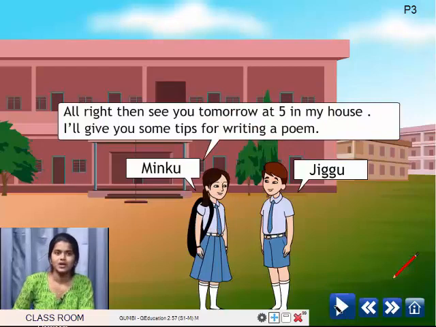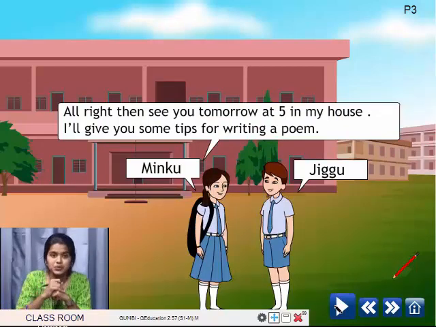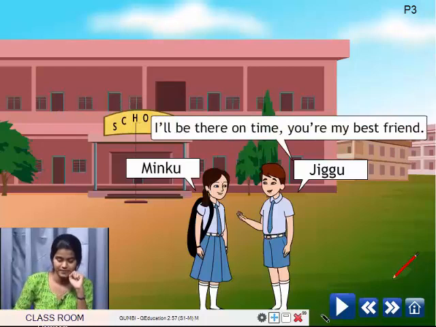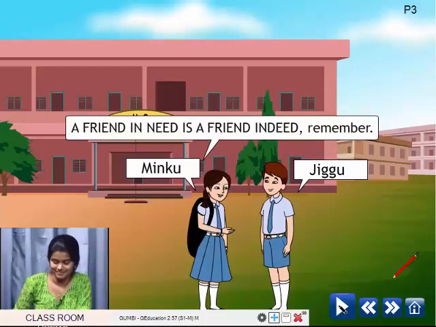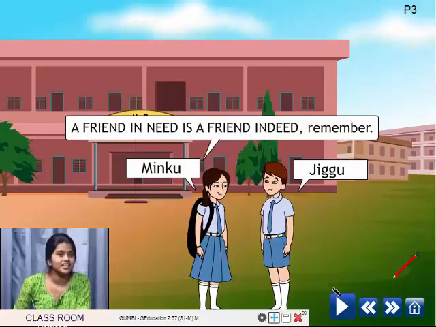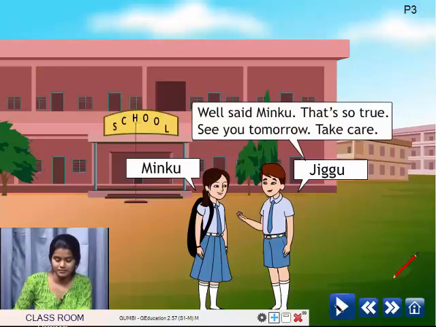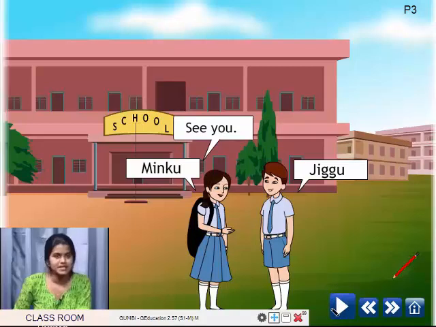Really? Okay. Alright. Then see you tomorrow at 5 in my house. I'll give you some tips for writing a poem. I'll be there on time. You're my best friend, Minku. A friend in need is a friend indeed. Remember. Well said. That's so true, Minku. See you tomorrow. Take care.